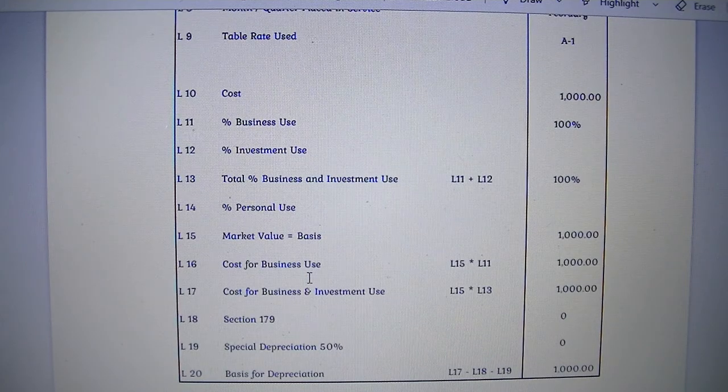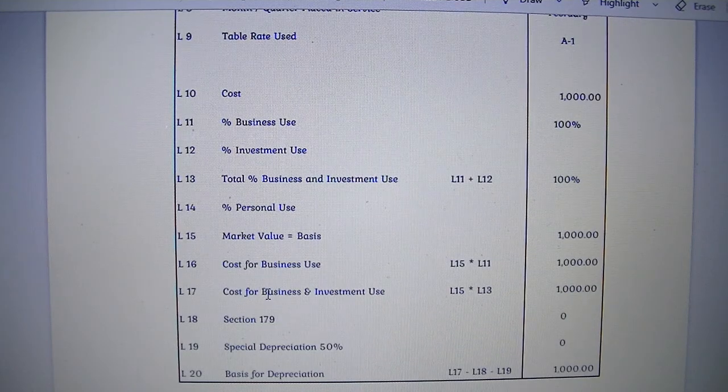And the reason why you need to know the percentage of business use, the percentage of investment use, and the percentage of personal use is to find out whether or not you are qualified to take any Section 179. To claim Section 179, you have to use the asset for more than 50% in your business.